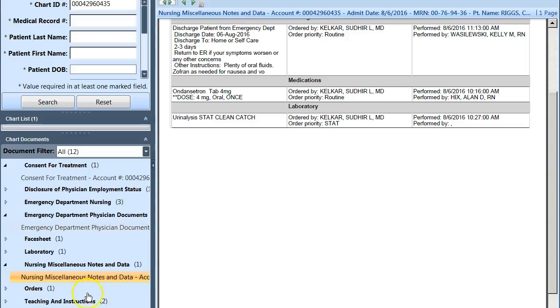So as you can see here, the patient was discharged, and that's like the last thing that was done, and it's in reverse order.